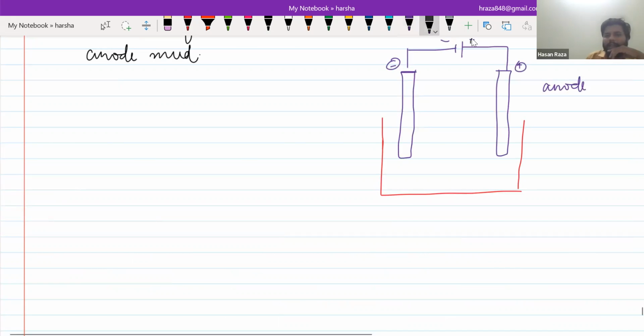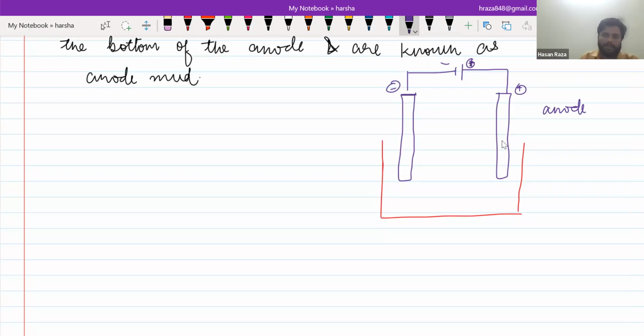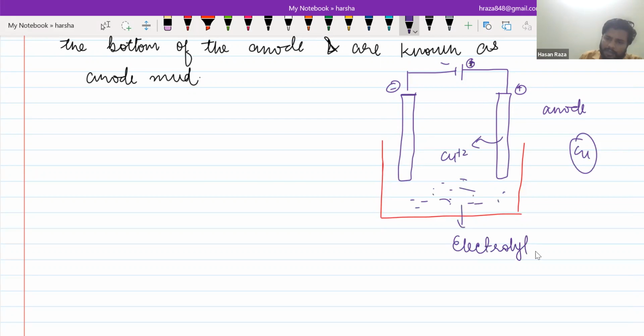Now this anode is made up of that metal that we need to purify. Just suppose it is made up of copper. So copper will be converted into Cu+2 and it will come into this solution. This is an electrolyte, that means it will dissociate into its ions.